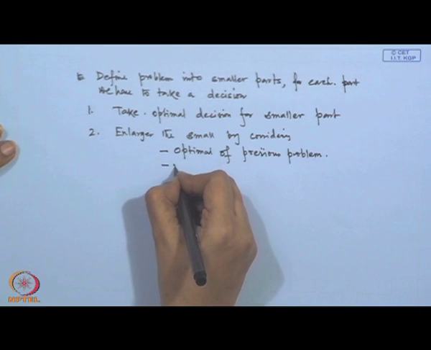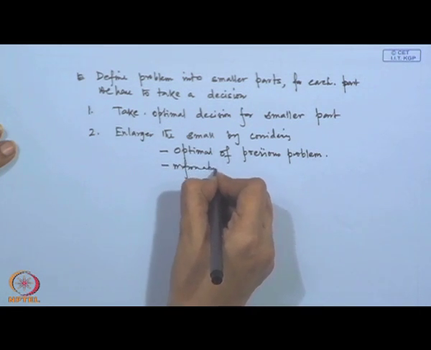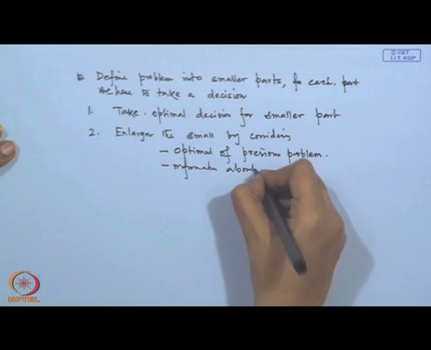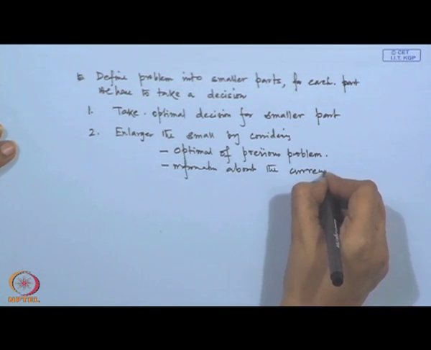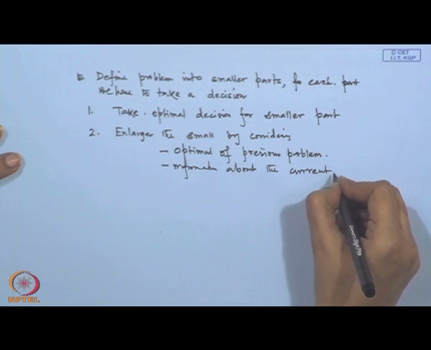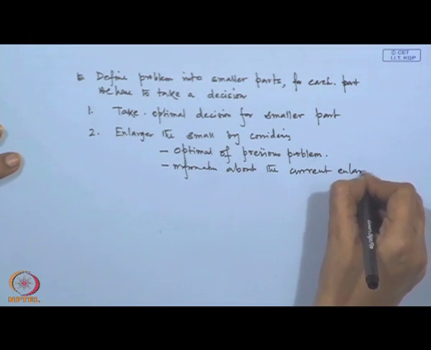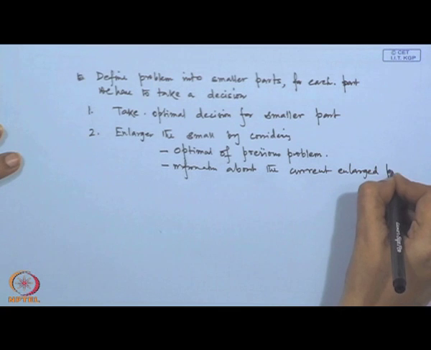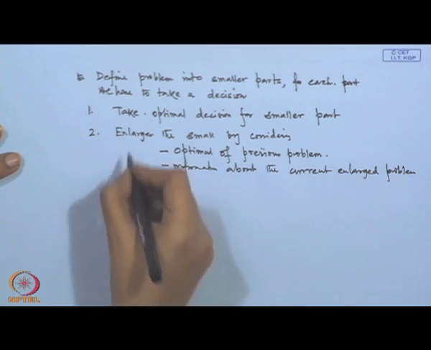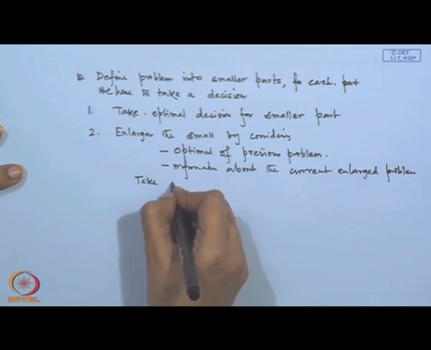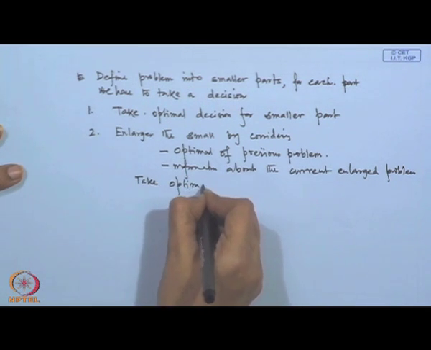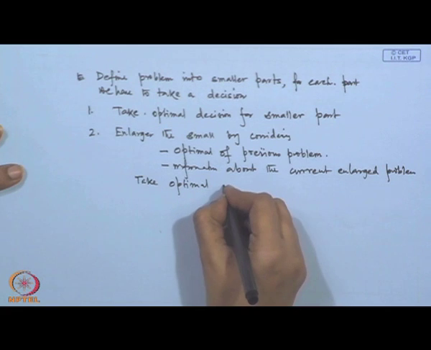We have to consider the information about the current, enlarged problem. Then we have to take a decision for this enlarged problem, and we will repeat the process.